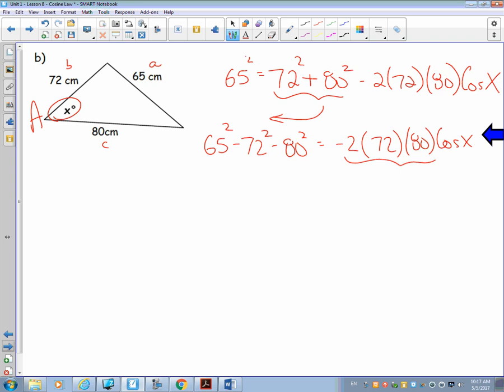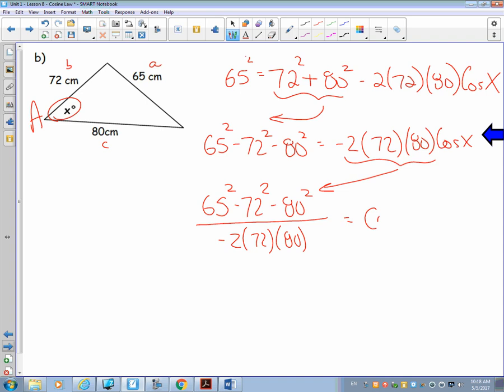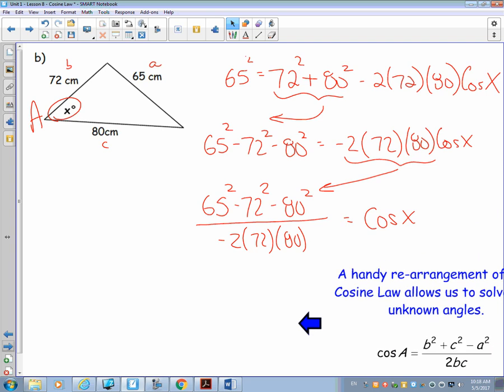And once I figure out that number, I need to bring it over here. So if you think about it just for a second, I have this number on the left side. I need to divide that all by negative 2 times 72 times 80, and I'll be left with just cos x. Now this seems painful to do over and over again every time you use the cosine law, but it's going to be the same procedure every time. So here is a handy rearrangement of this formula.